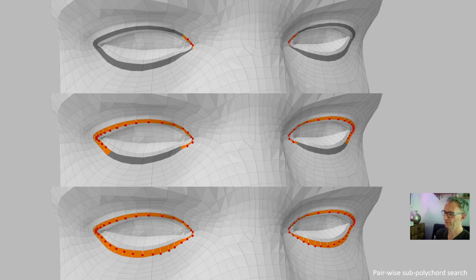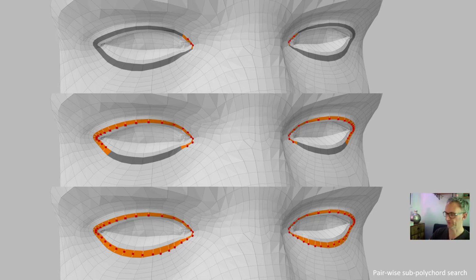So given the fact that most of the time we expect to find pairs of polychords that are exactly symmetric, we needed a method to handle that and to find the best pair of subpolychords to collapse as our collapse candidate for that pair of polychords.